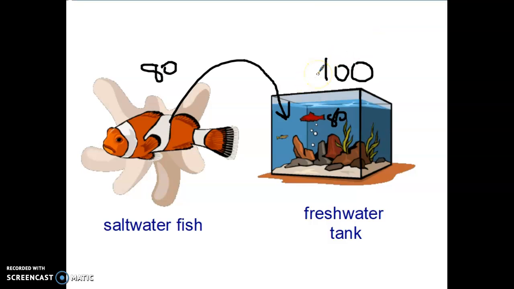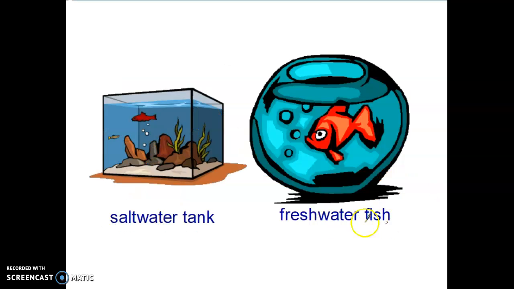So that means the water will actually move into this particular fish. I want you to imagine every cell in his body going to swell up and explode. So that saltwater fish will die. If we do the opposite, he's a freshwater fish who's used to 100, and we put him in a saltwater tank.